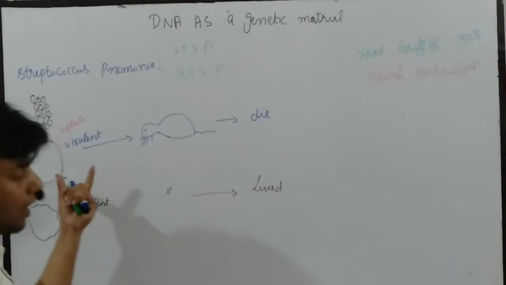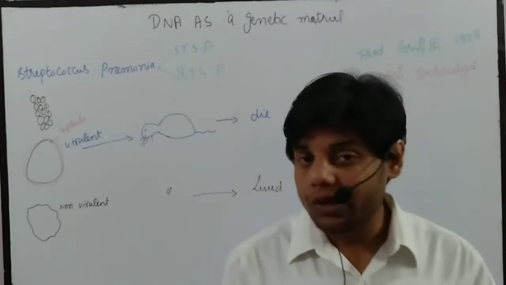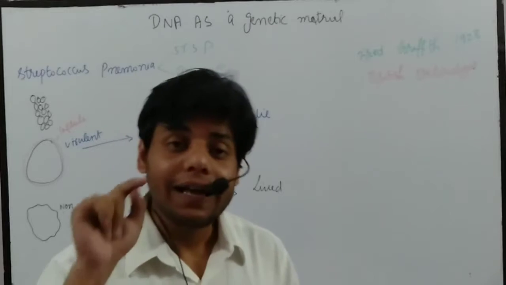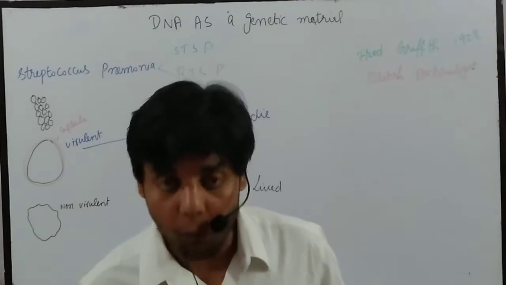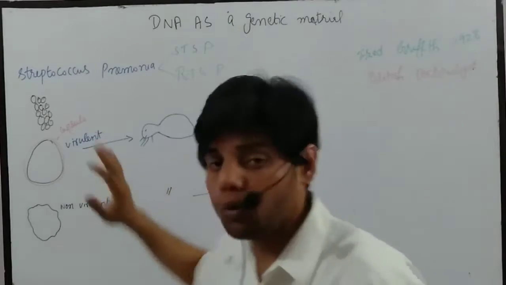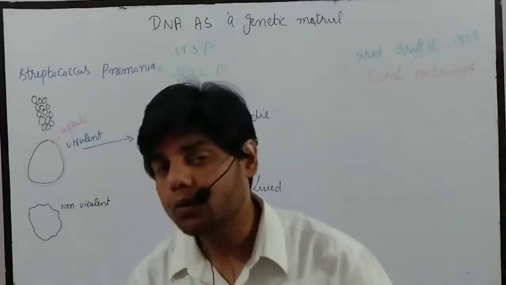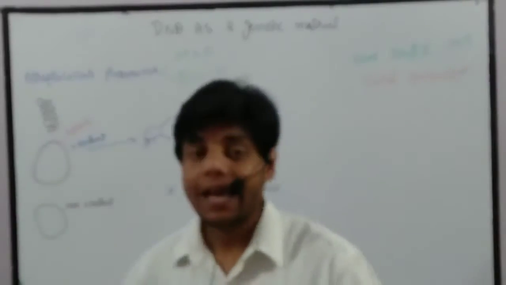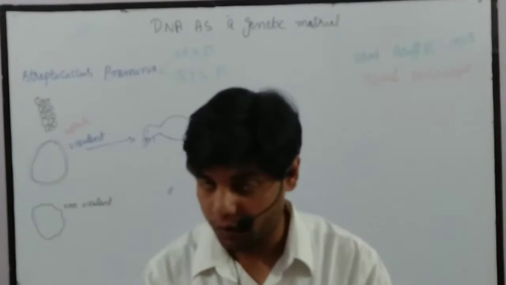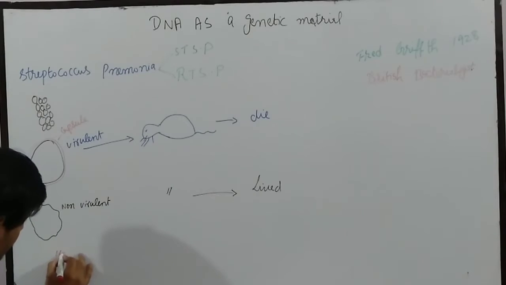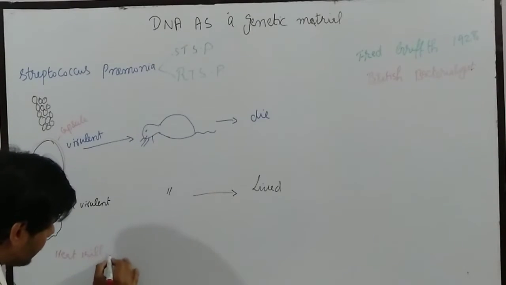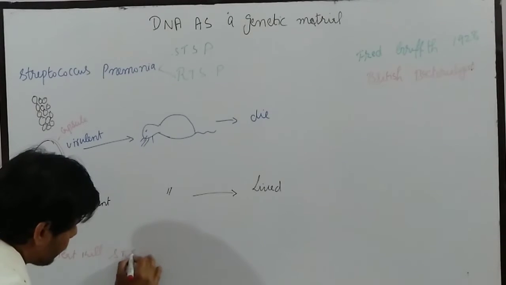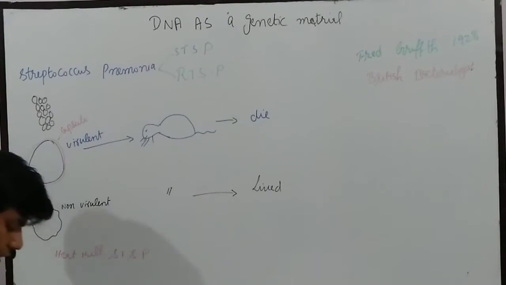Okay, now the third time, what did he actually perform? In the third step he took the same smooth type bacteria, and this time he provided heat to that solution, which contained S-type Streptococcus pneumoniae. Okay, so let me write: heat killed. We call that heat-killed S-type Streptococcus pneumoniae.